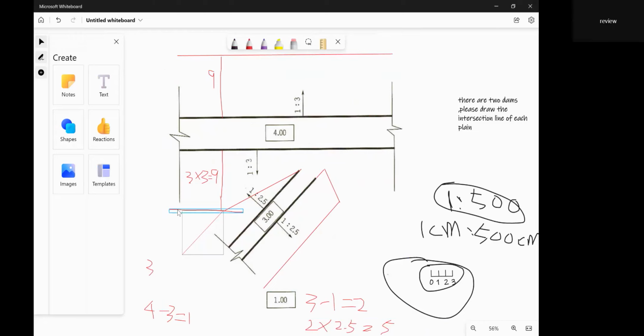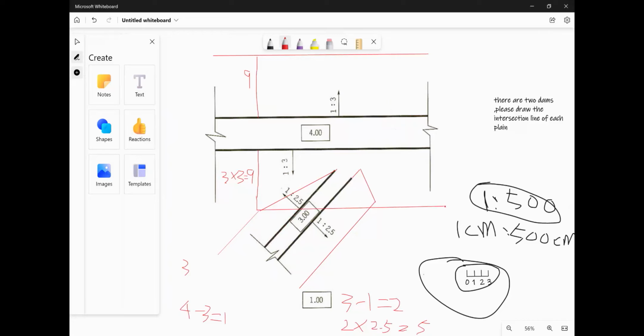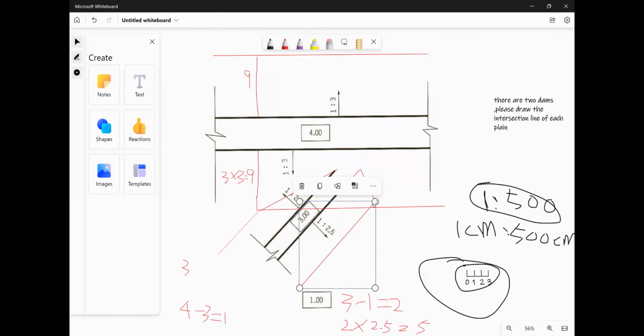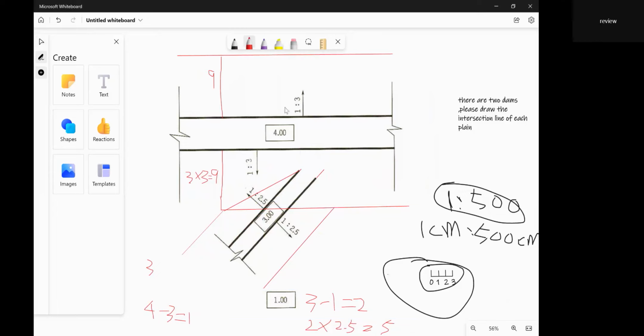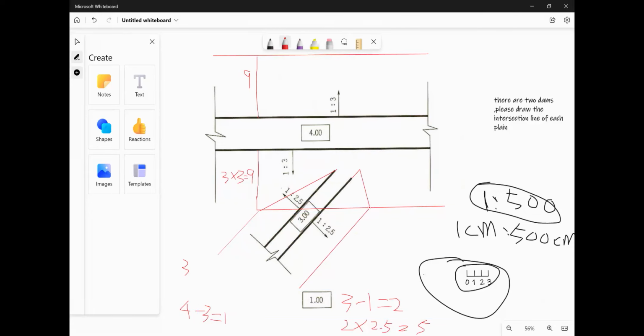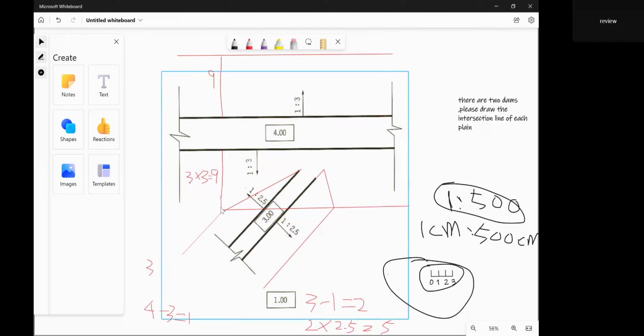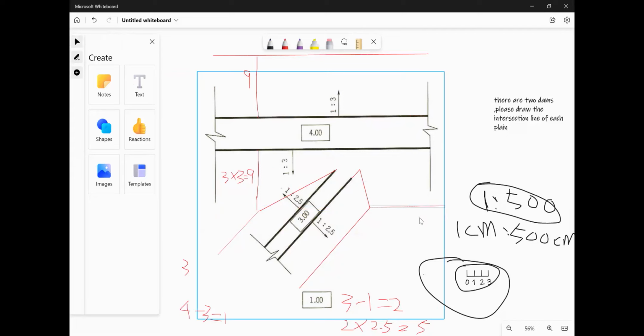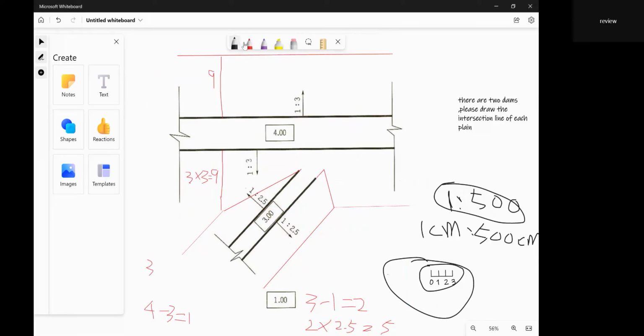And then prolong this one, and connect. Okay, so that is the drawing.